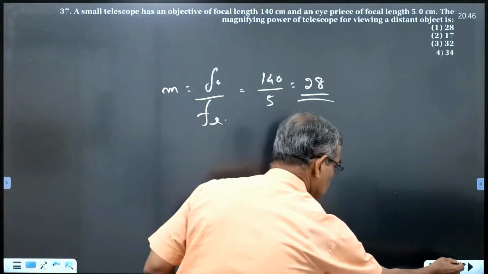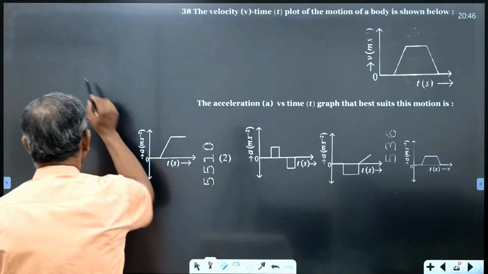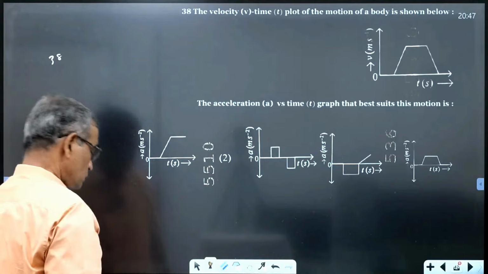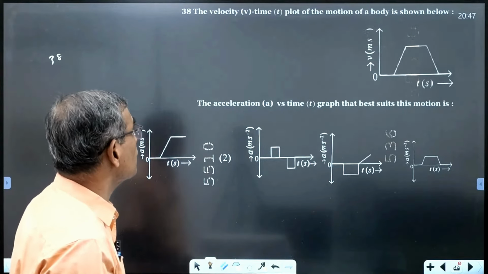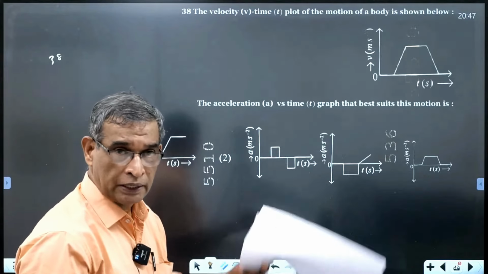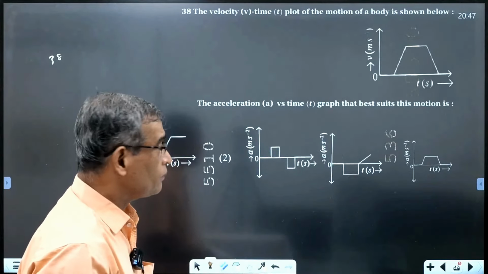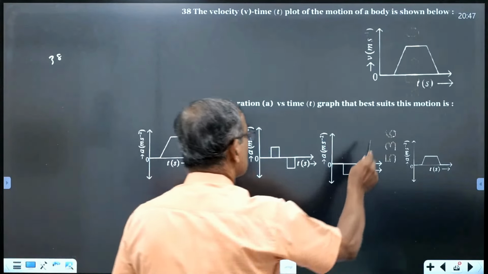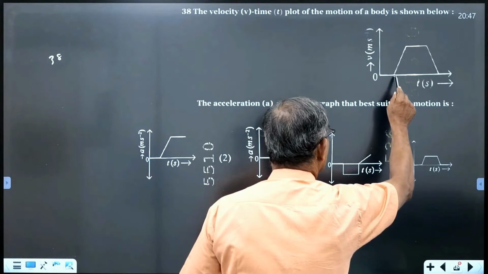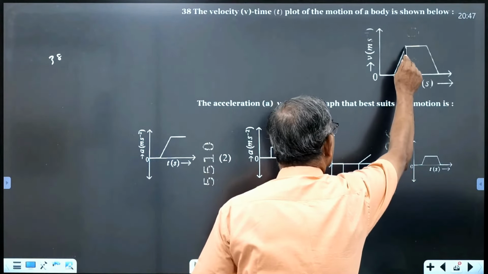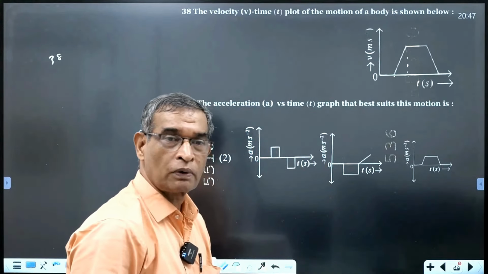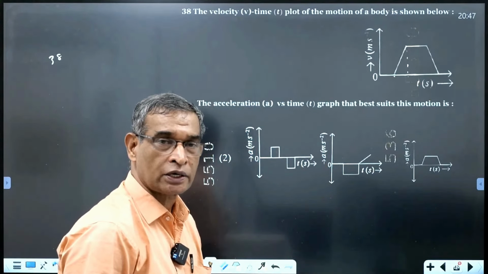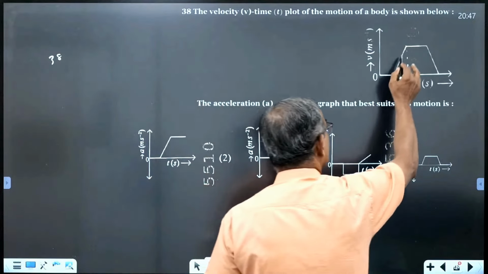Now next question, 38. A velocity-time graph is plotted and given to you. Here you can see that the velocity increases during this interval, and the slope is constant. The slope of the velocity graph is acceleration, and this is positive acceleration up to this time.